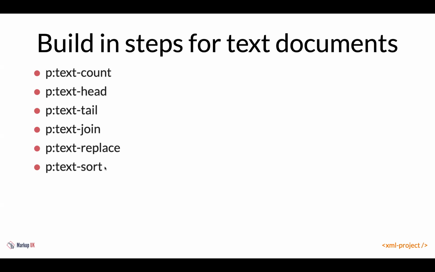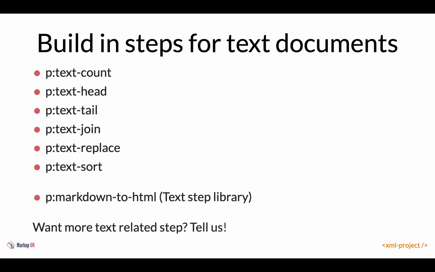These are the built-in steps, and then we have a text step library, which has just one step currently, the only one we came up with so far. It's markdown-to-html. What it does, it takes a text document in the markdown flavor on its source port, and it will produce HTML on its output port. If you want more text-related steps, tell us.